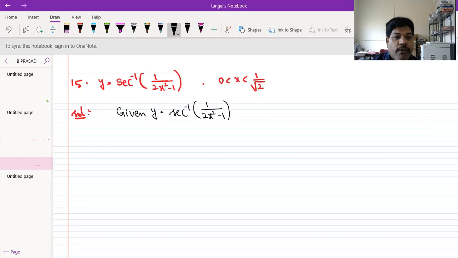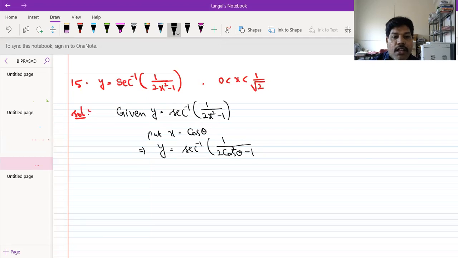So here we will put x is equal to cos theta. What happens, sir? That implies y is equal to secant inverse of 1 by 2 cos square theta minus 1.